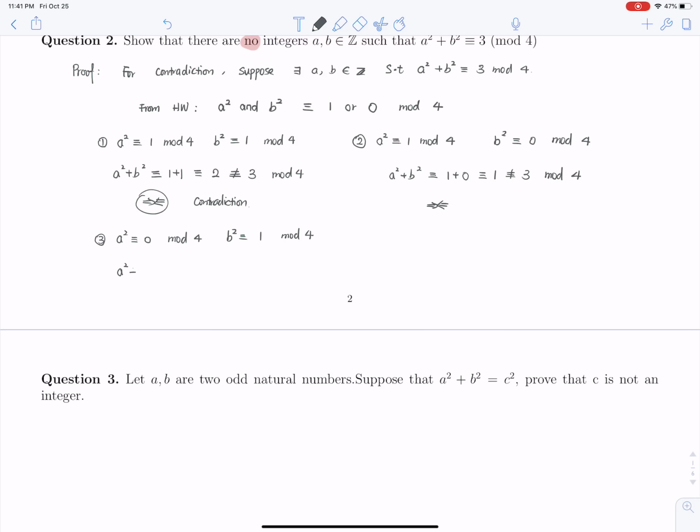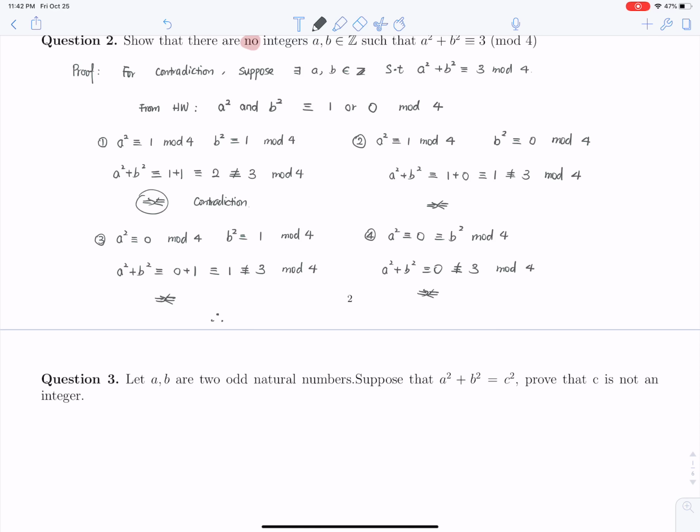Then a squared plus b squared is 0 plus 1, which is 1, not 3. Contradiction. Last case: a squared is congruent to 0, as is b squared, mod 4. Then a squared plus b squared would be 0, which is again not 3. So we have another contradiction.